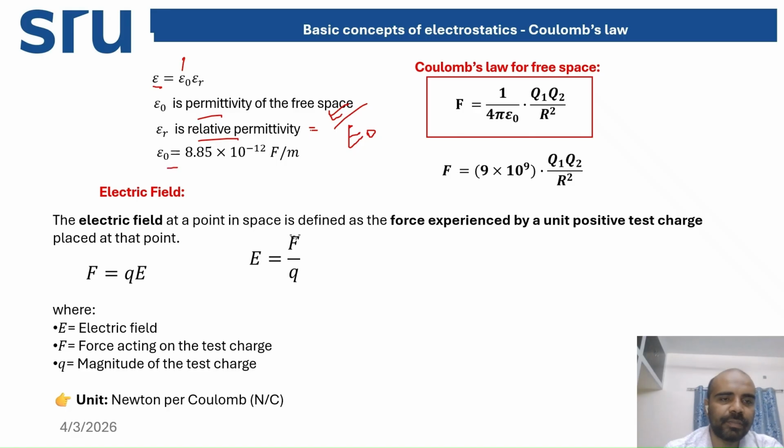So what is the value of epsilon naught? That is the permittivity of free space or vacuum. That is 8.85 into 10 to the power minus 12 Farad per meter.